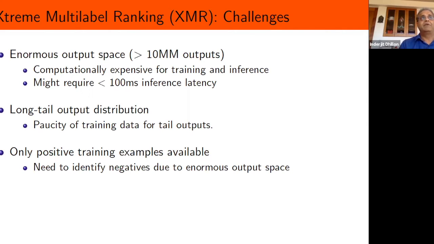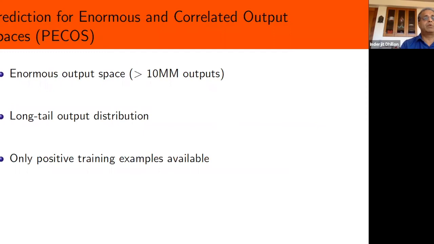Like I said, there are a lot of missing values, and typically what you get in these examples is this long tail, which means that you have some outputs for which there are just very few observations, and there is a paucity or lack of training data over here. And then, as mentioned before, typically you only have positive training examples. And one of the keys to a better method would be to try and identify strong negatives appropriately. So that's what PECOS does.